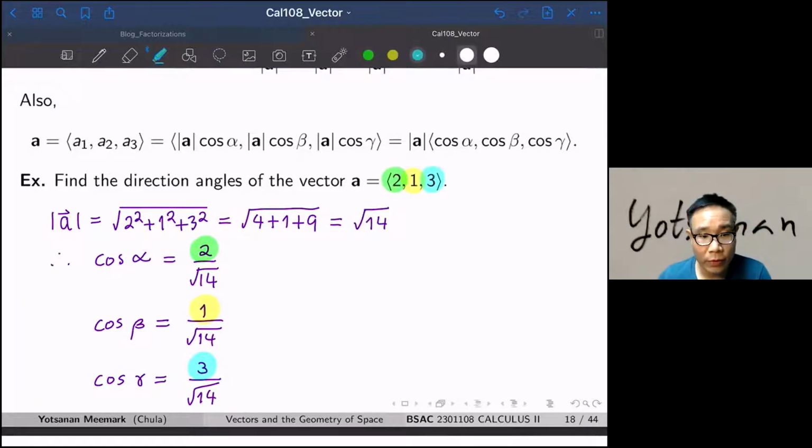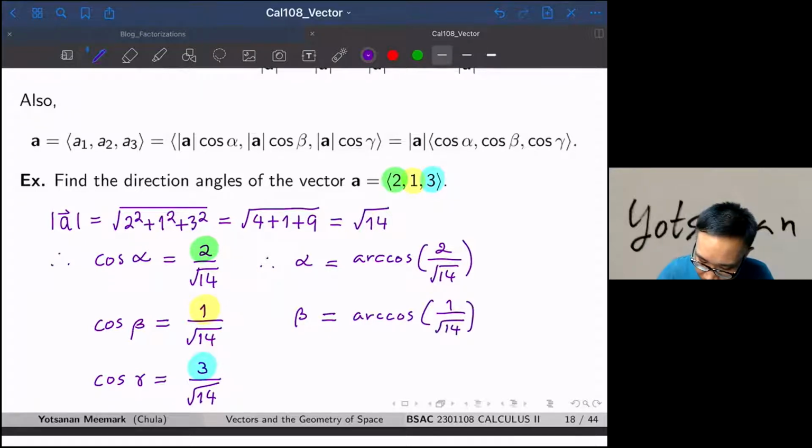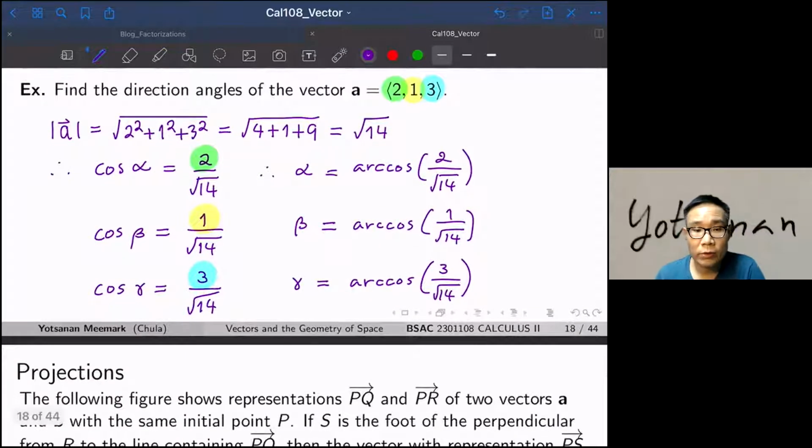Okay, so this is how we obtain cos alpha, cos beta, and cos gamma. So if you'd like to find alpha, the answer in terms of arccos is 2 over root 14. Beta will be arccos 1 over root 14, and gamma will be arccos 3 over root 14. Okay, so those will be the angles alpha, beta, and gamma respectively.